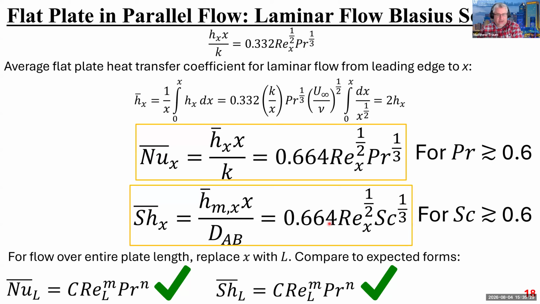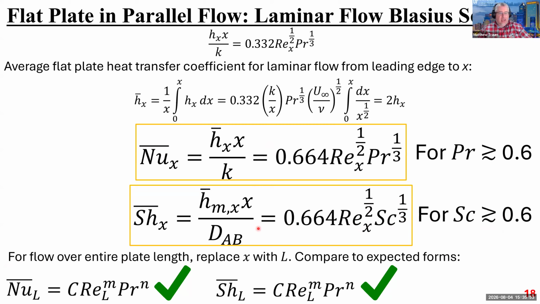So we get 0.664 times the Reynolds number to the 1/2 power times the Schmidt number to the 1/3 power. That also is only true for Schmidt number greater than 0.6, but that's true for most gases and most fluids. Okay. So these are our average Nusselt number correlations for some distance down the plate, provided the flow stays laminar.